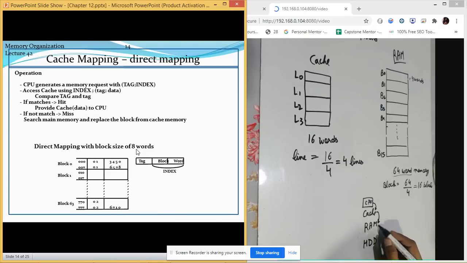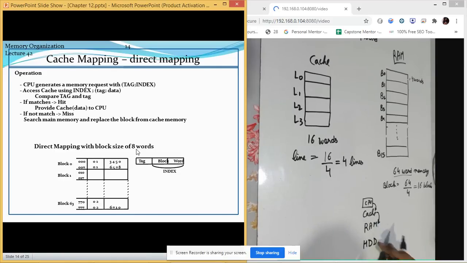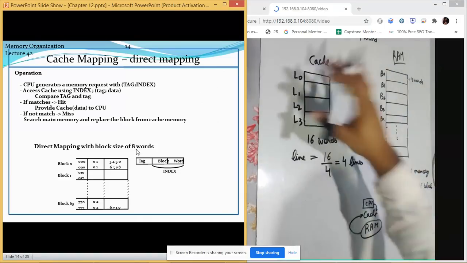If it is able to find it in RAM, it is fine. If not, it goes to the hard disk drive. We are ignoring the HDD because we are only talking about cache and RAM. If it is able to find the data inside RAM, what is the next task? The next task is to shift this data from RAM to cache. So we need to pick the data from RAM and shift it to cache.